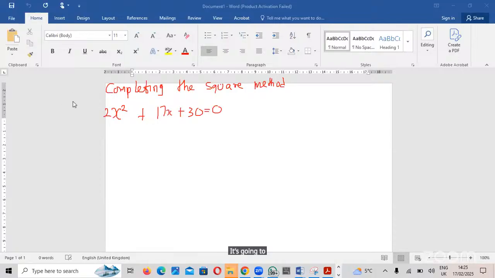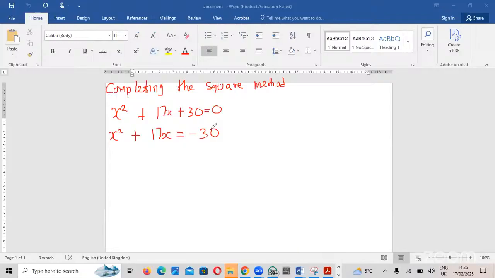All right. So the first thing we're going to do: we have x squared plus 17x is equal to minus 30. This 0 goes away. All right.